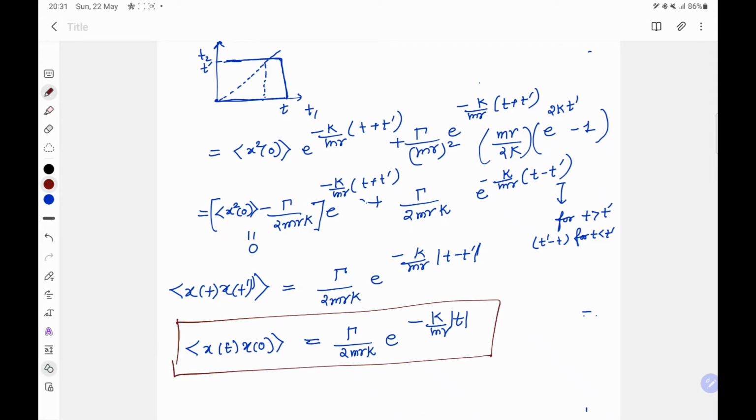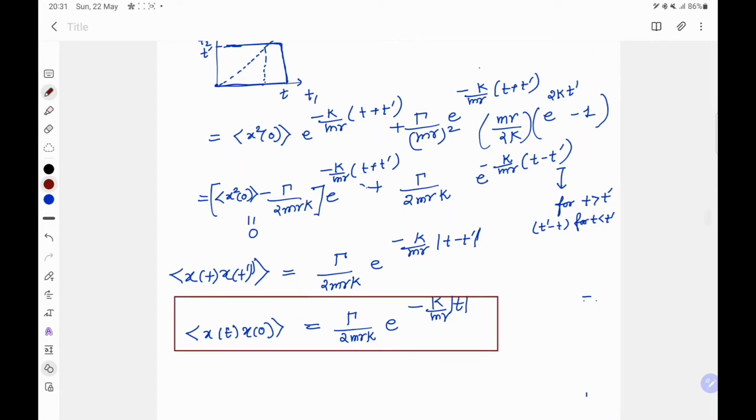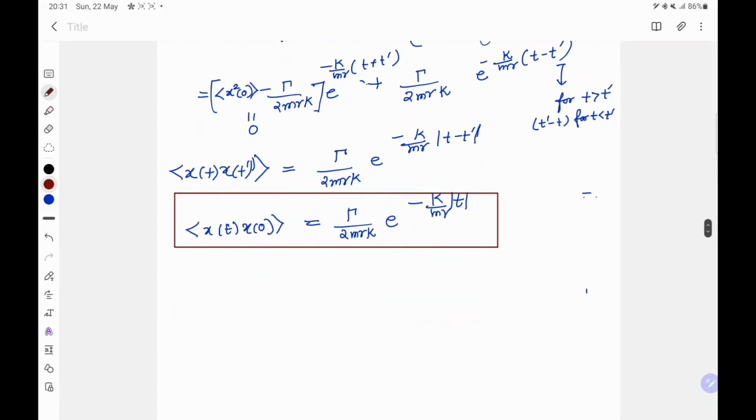Now we can determine the displacement, mean square displacement. Okay, so our mean square displacement, this is x squared t, will be x t square plus x0 square minus 2 x t x0.